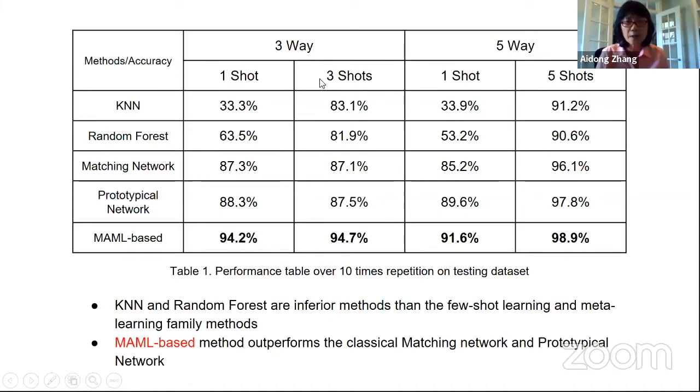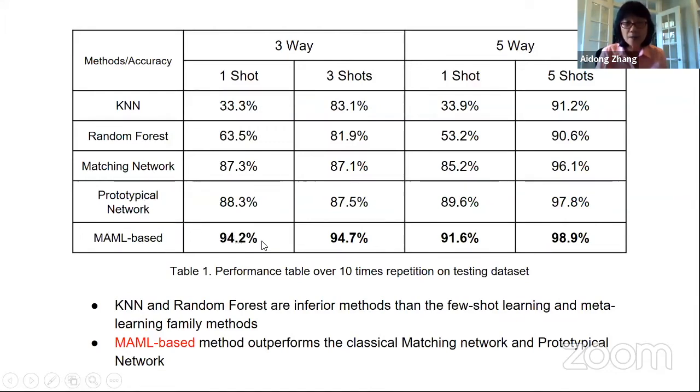So I hope to show you the latest result we just received. So this is the result we got. And you can see we have 3 ways and 1 shot, just using 1 shot in each class. And we compare with KNN, random forest, matching network, prototypical network, and memo-based.